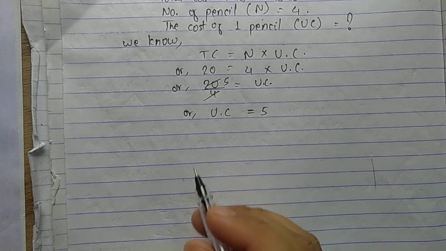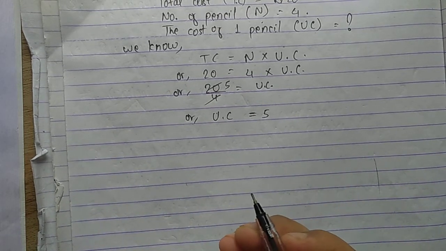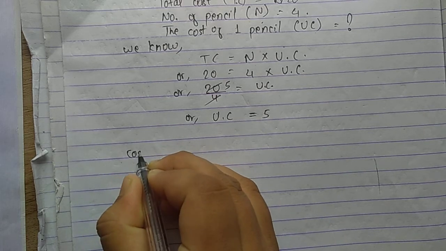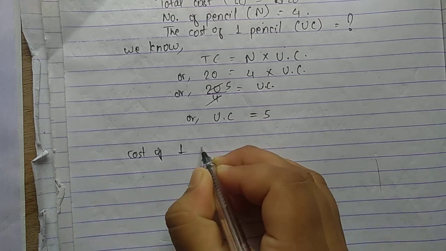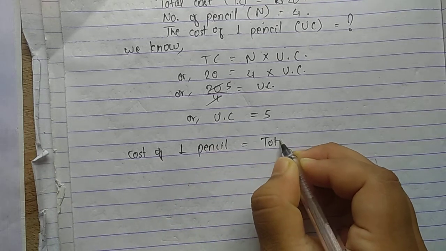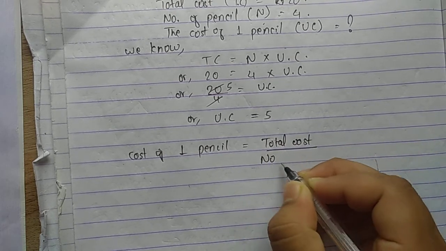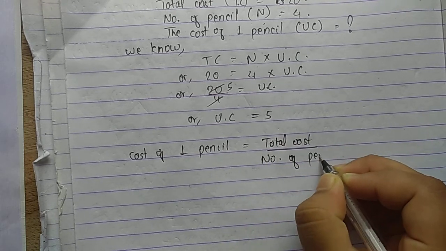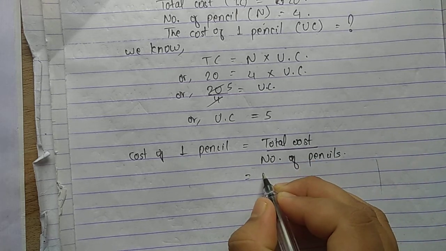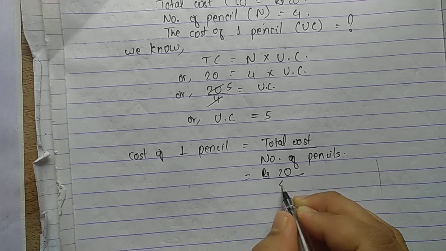With this method you can do it for any sort of value, but according to the formula also, if you want to do, then it will be also easy. So let's do cost of one pencil equals total cost upon number of pencils. Total cost given is rupees 20, and the number of pencils given is 4.